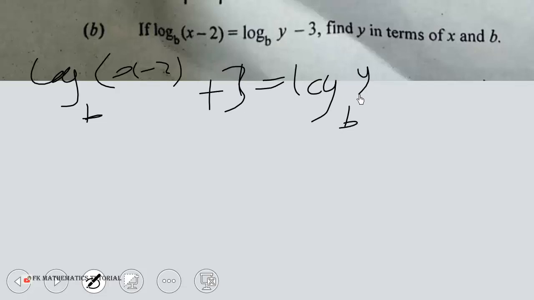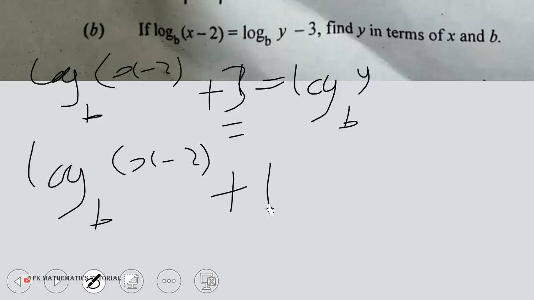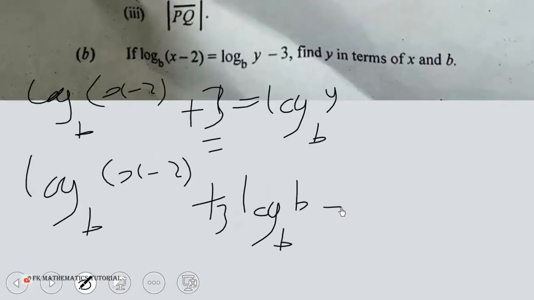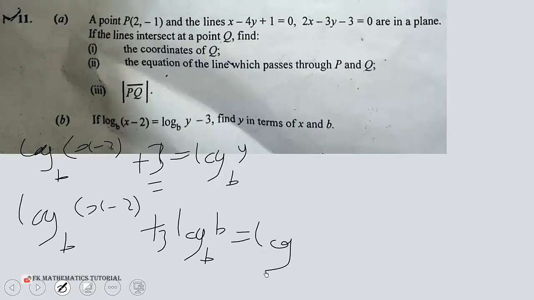Now we need to rewrite this to have a log of base b. So we have log base b x minus 2 plus 3 times log base b of b, because this will give you 1. So 3 times 1 is the same as 3. So we have not changed anything. So log y base b.